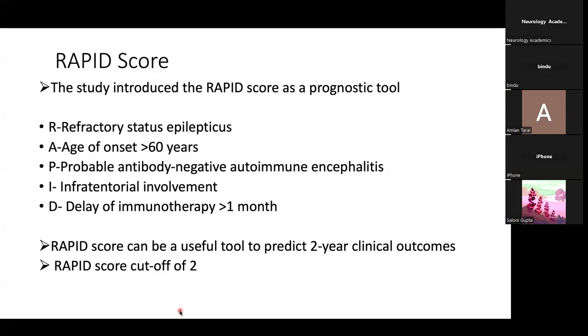The RAPID score can be a useful tool to predict 2-year clinical outcome. The cutoff point is 2; a score of more than 2 is significant for the outcome.